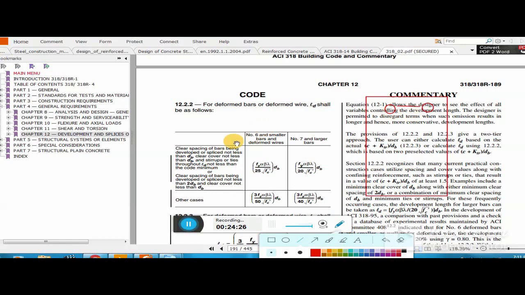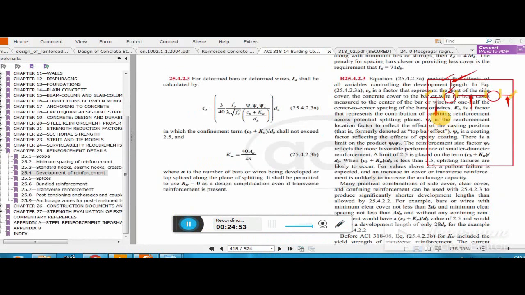And if this spacing is not less than dB, meaning it should be more than dB, and the clear cover is not less than dB, that cover which we calculated previously, provided both to the sides as well as to the top or bottom. So that is the diagram. Here I have steel bars and we need to find out this clear spacing. Clear?